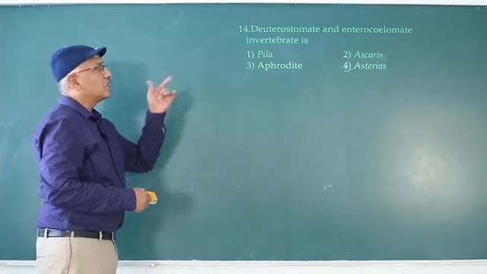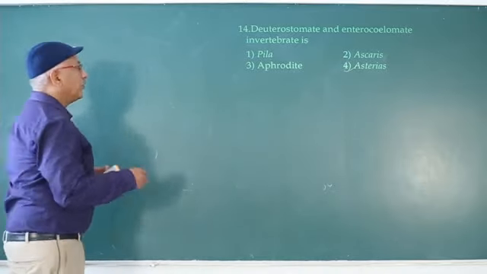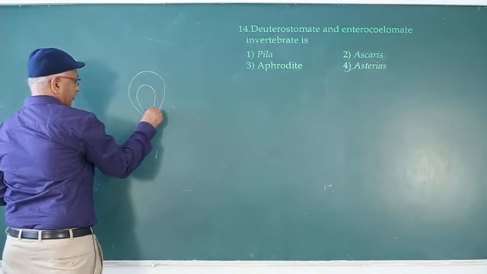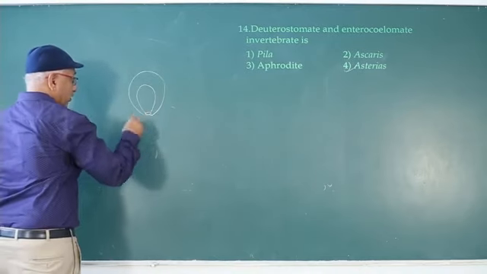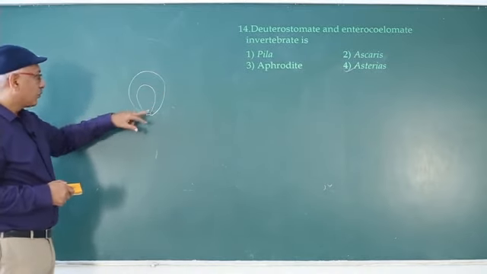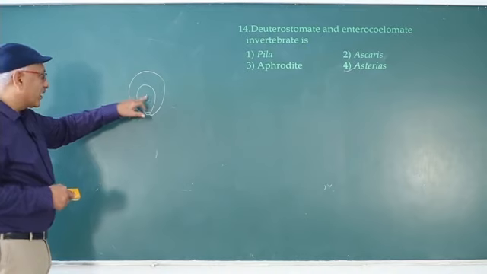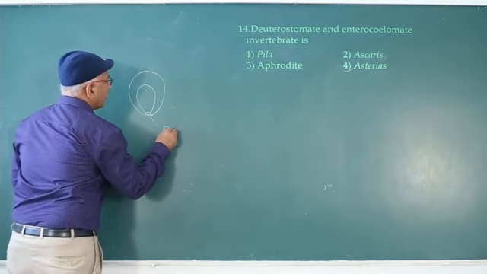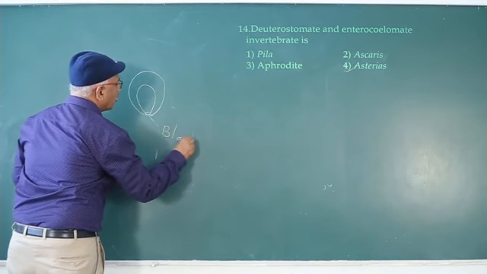Deutero means secondary, stoma means mouth. In the early gastrula stage, there is outer ectoderm and inner endoderm. Endoderm encircles a cavity, the archenteron. Archenteron opens out through an aperture known as the blastopore.